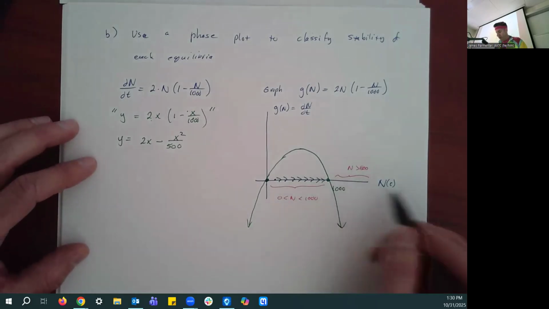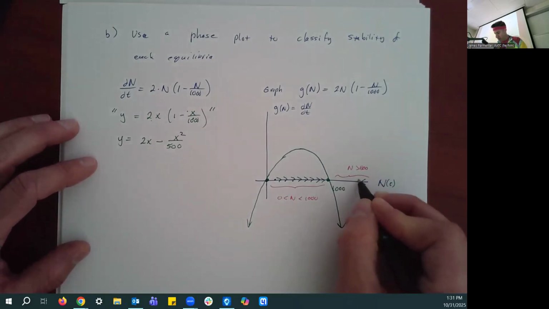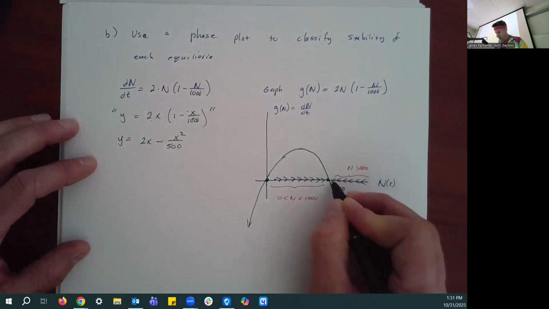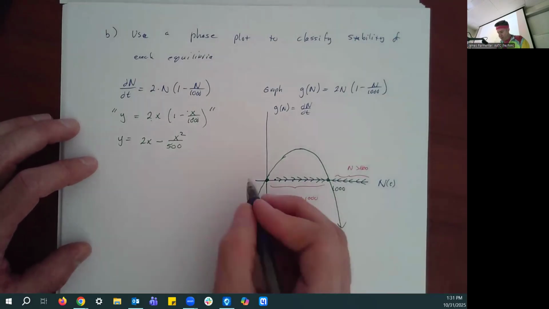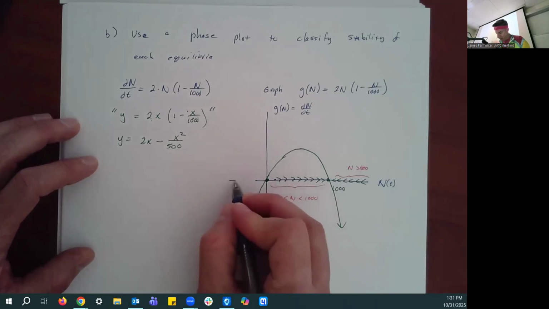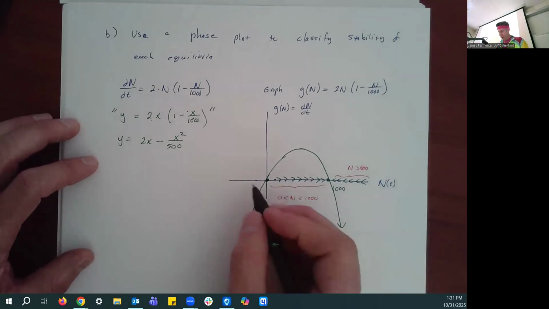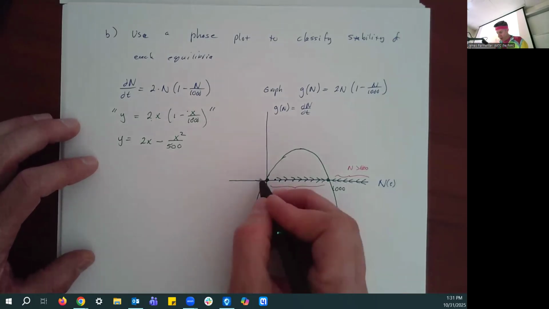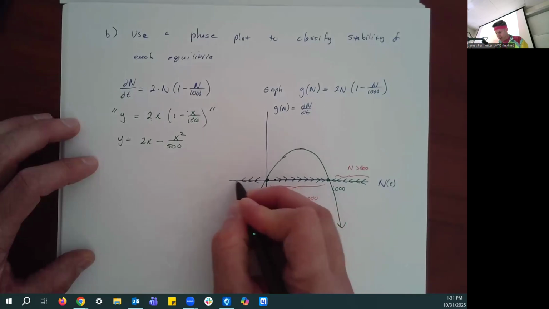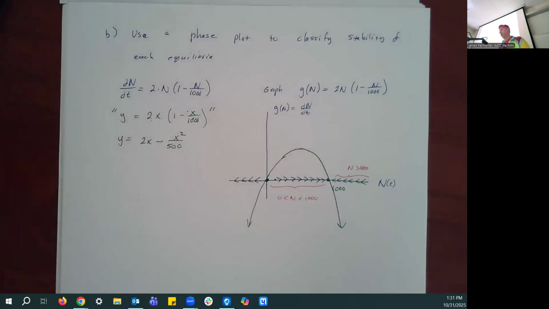So anywhere you start over here, you're going to end up getting smaller and smaller. Even though it doesn't really make sense to talk about it over here, we can still draw it. Same idea, n would be decreasing, but it doesn't make sense to have a negative number of squirrels.